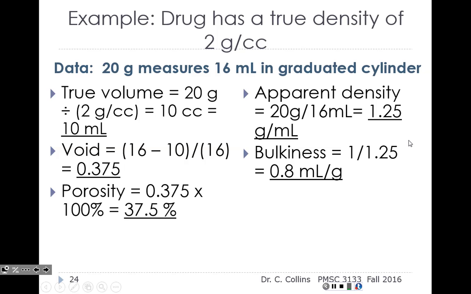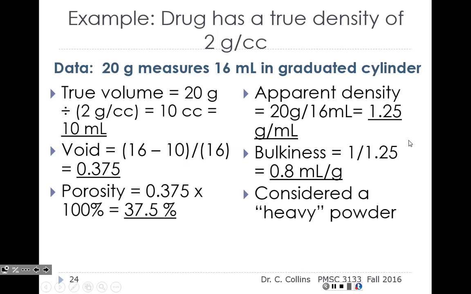If you're making a large sheet cake, you don't start mixing your ingredients in a cereal bowl because it's going to be too small and everything's not going to fit in there. Same thing pharmaceutically, you want to make certain your processing equipment is of sufficient size to accommodate all of your ingredients, and this is one way to be able to calculate that. So this would still be considered a little bit of a heavy powder.